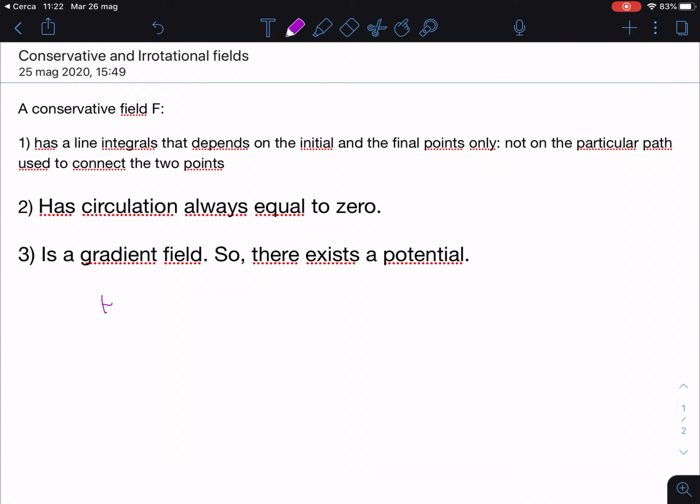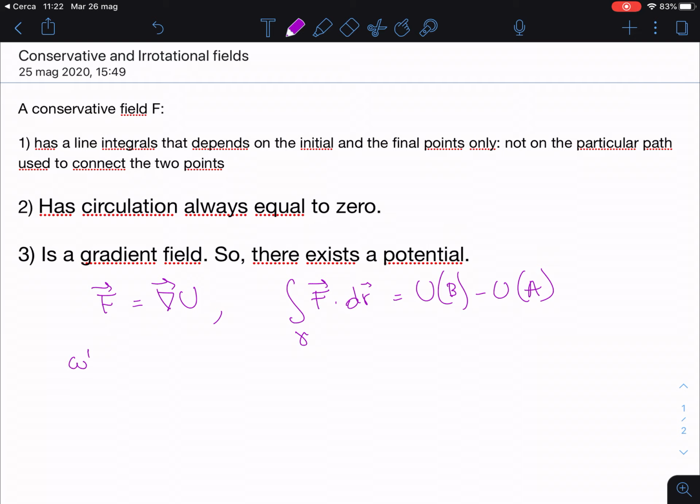So F is equal to the gradient of U, and so the line integral of the field F is equal to U of B minus U of A, where A and B are the initial and the final point respectively.